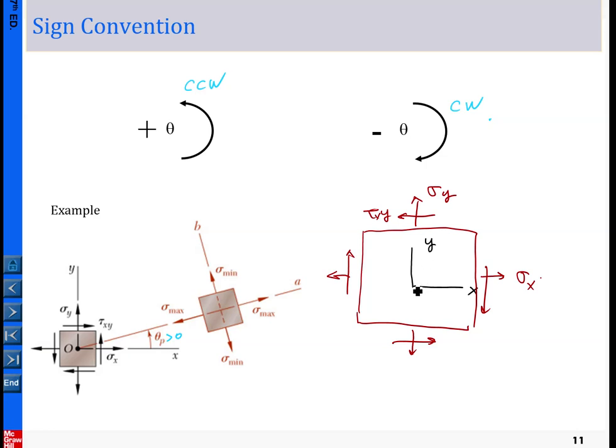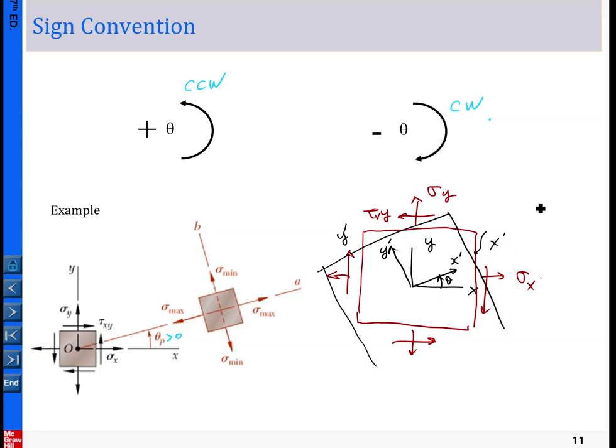Transformation basically here is this: you pick the angle theta about which you define the new coordinate system x prime, y prime. The next step is to say this is the y prime plane, this is the x prime plane.